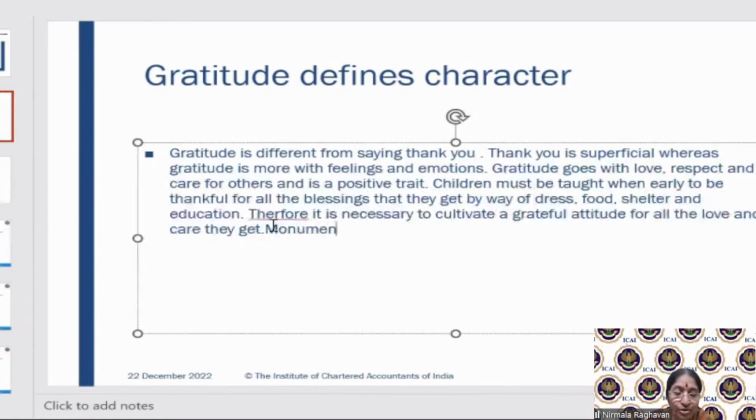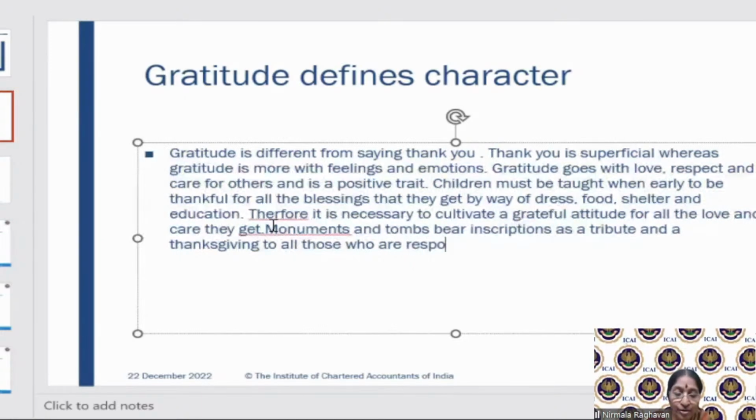Monuments and tombs bear inscriptions as a tribute and a thanksgiving to all those who are responsible for the citizens' wellness.